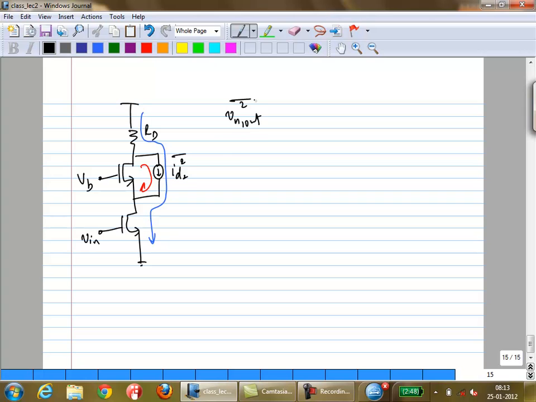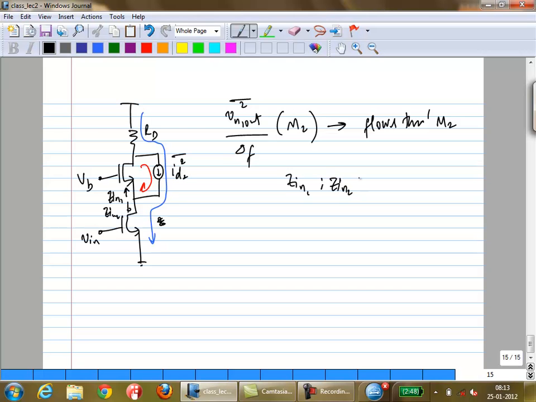So let's write this out specially. So flows through, and if I call this Z in 1 and I call this Z in 2, it depends on the ratio of Z in 1 to Z in 2.